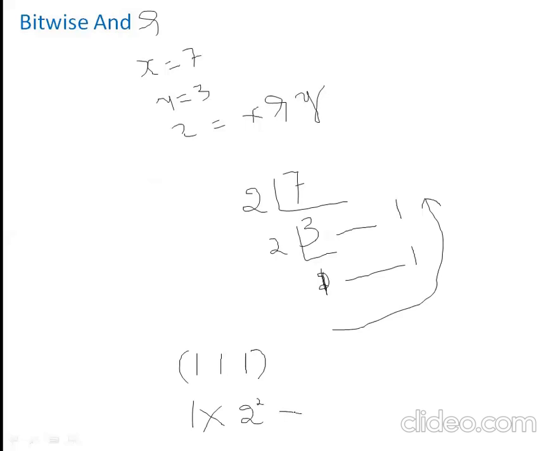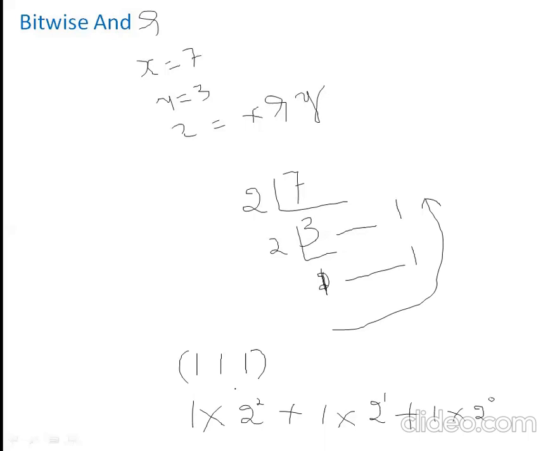Then plus 1 into 2 to the power 1, because after extracting this one, 1 digit is left. Then plus 1 into 2 to the power 0. Getting it?